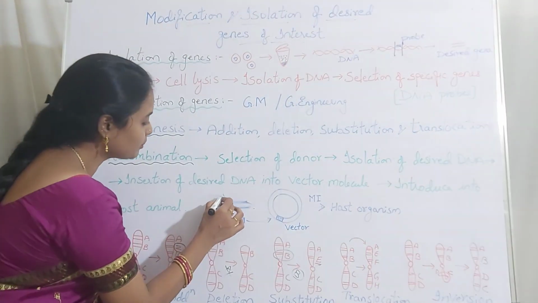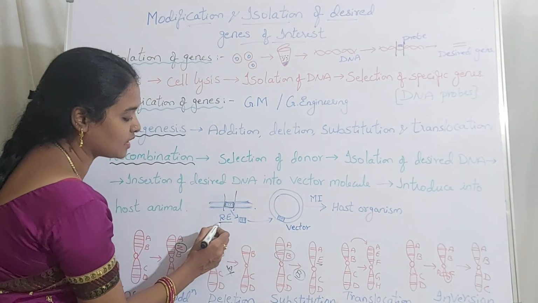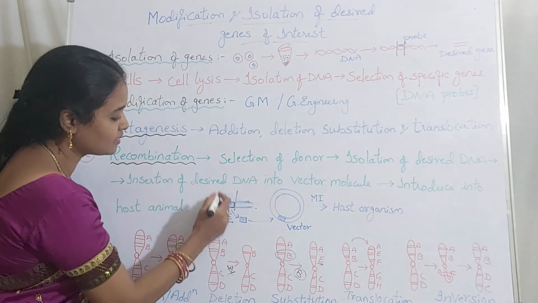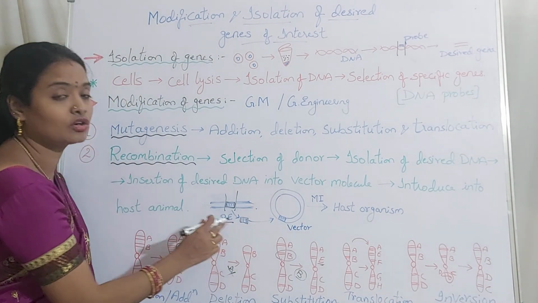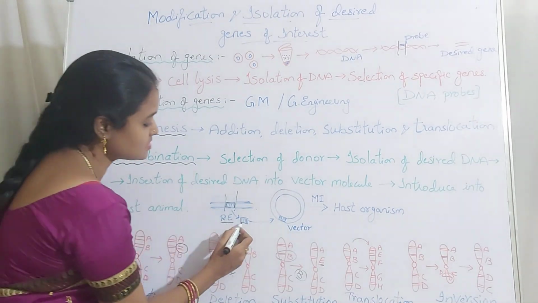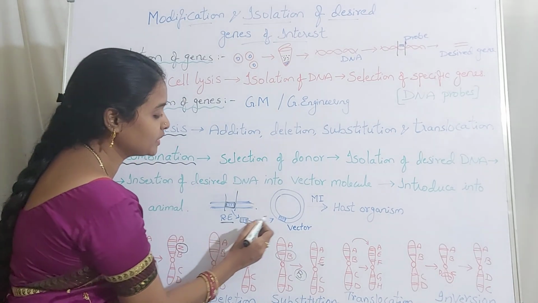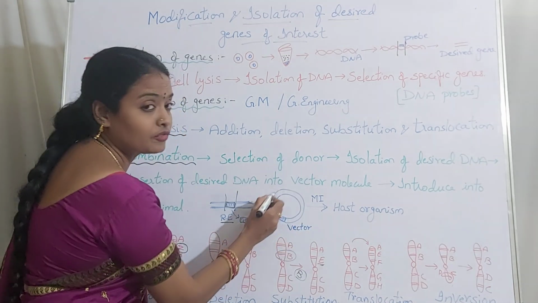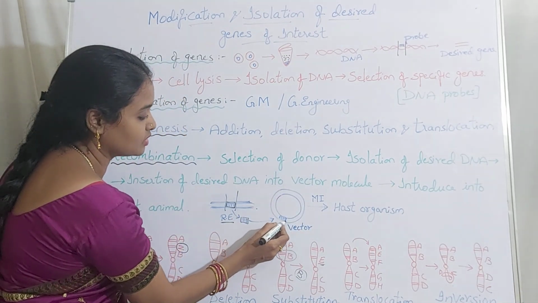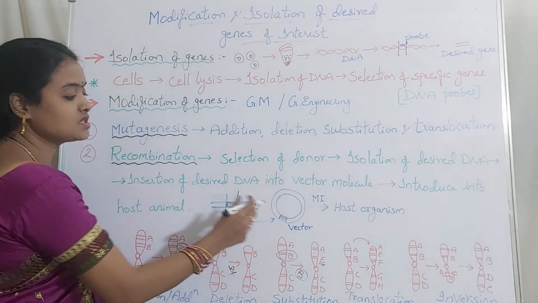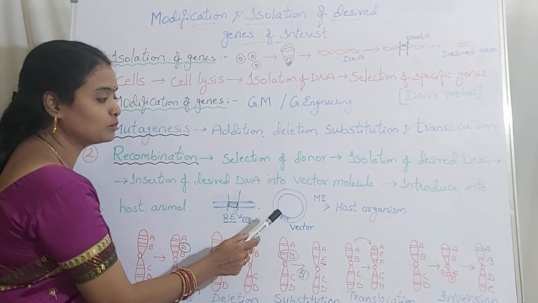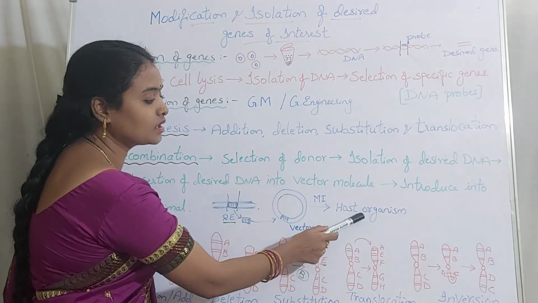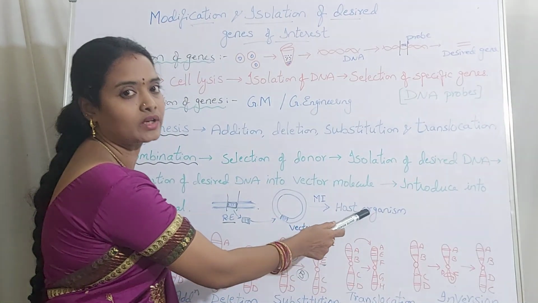So here by means of restriction enzymes, you are going to cut or restrict the DNA and isolate only the desired gene of interest. And this desired gene of interest will be inserted into a vector molecule. So this is your desired gene of interest which is introduced into the vector molecule. Then this vector molecule can be introduced into the host organism.